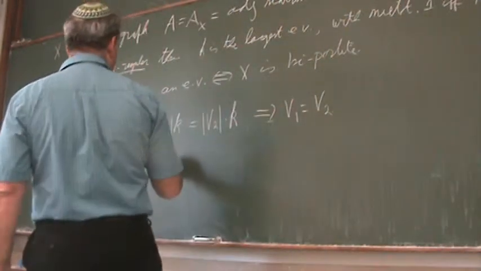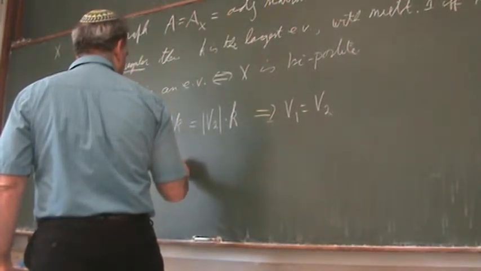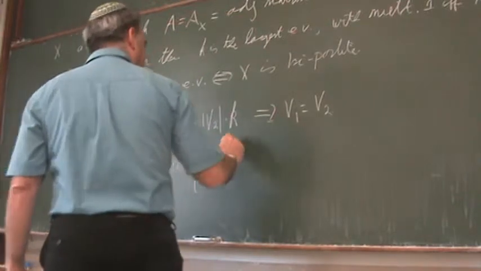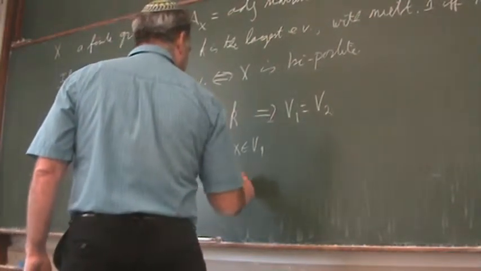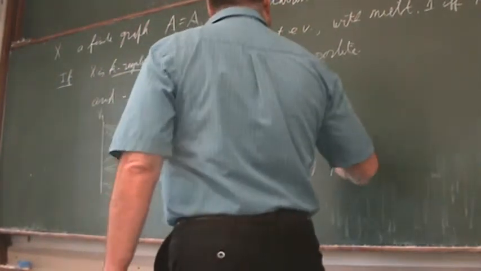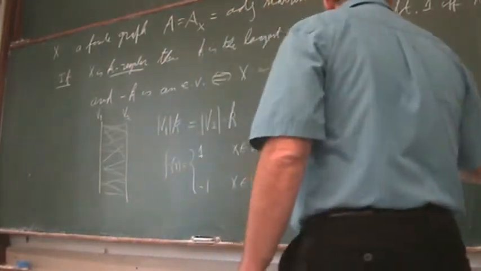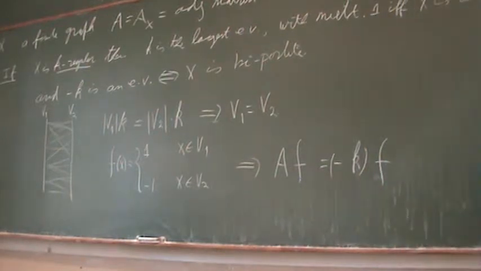Now, if we take the function f to be f of x equals 1 if x is in V1, and minus 1 if x is in V2, then you can easily see that A of f is equal to minus k times f. This is trivial to check, because what is A of f?